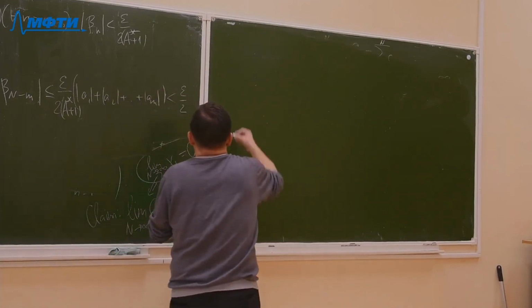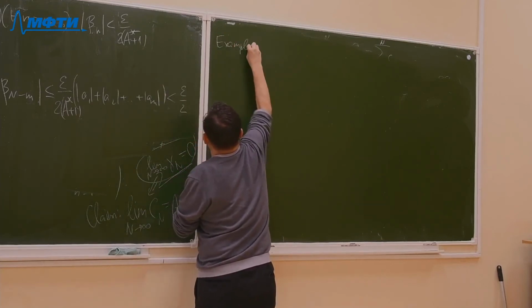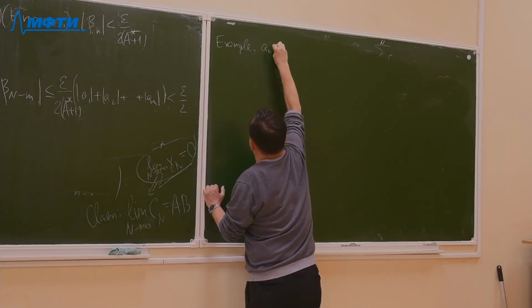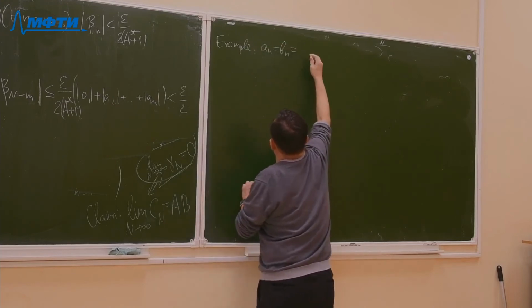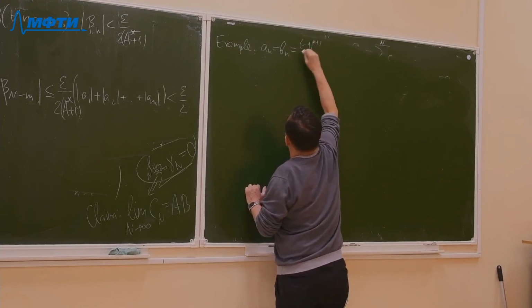So, example, a_n equals b_n equals minus 1 to the power n plus 1 over square root of n.